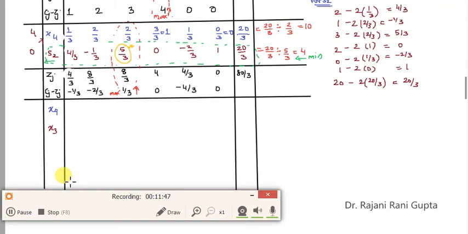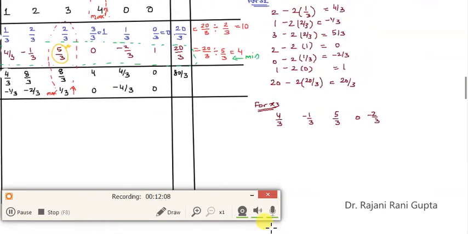Let me write it here so that it will not look complicated. So we have the old row for x3: 4 over 3, minus 1 over 3, 5 over 3, 0, minus 2 over 3, 1 and 20 over 3.